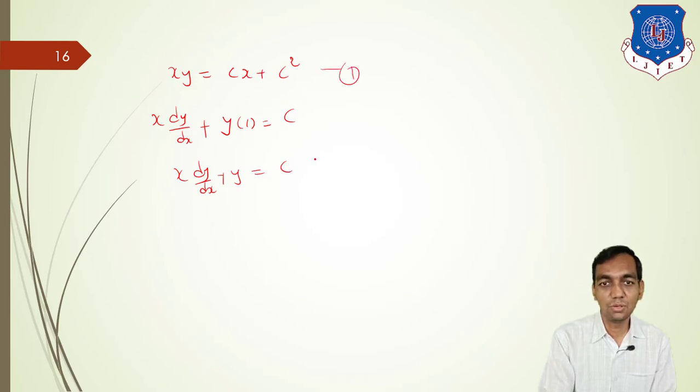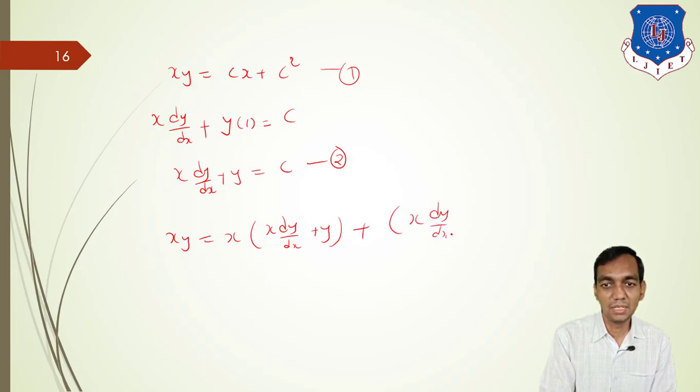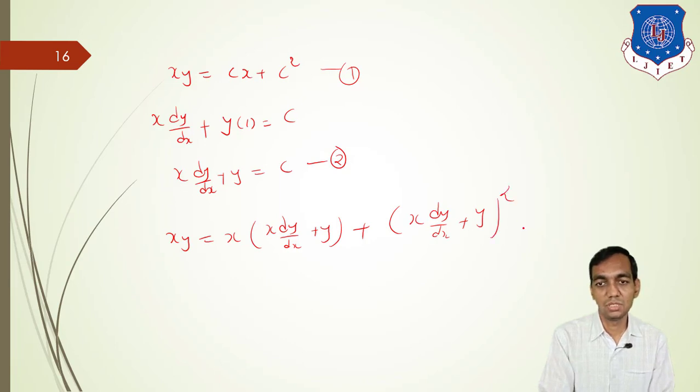And put that value of c in equation 1, and that will give you xy is equal to x into x dy by dx plus y, and x into dy by dx plus y the whole square. So this is the answer.